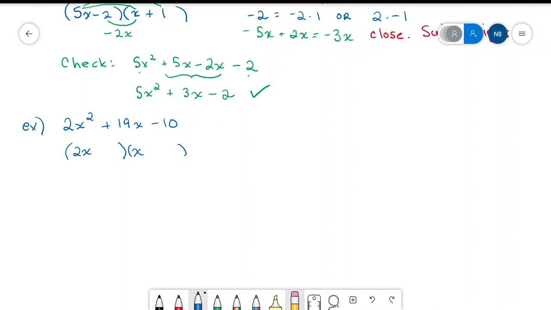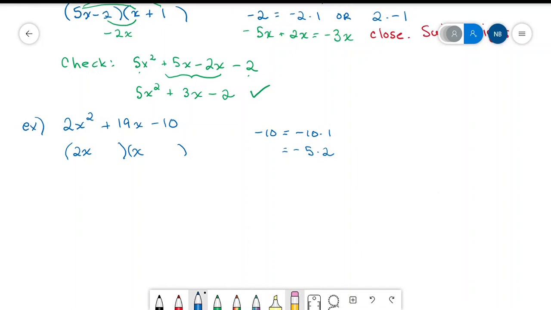That's the only way to get 2x squared. However, negative 10 can be factored as negative 10 times 1. It can be factored as negative 5 times 2. Or, of course, I could switch all those signs and get 2 more possibilities.